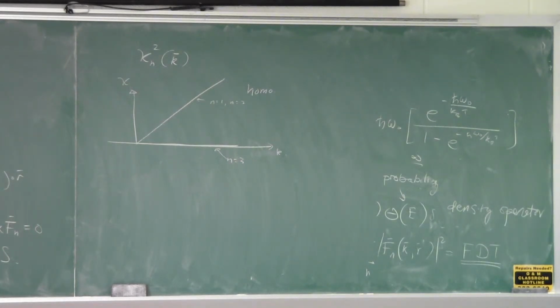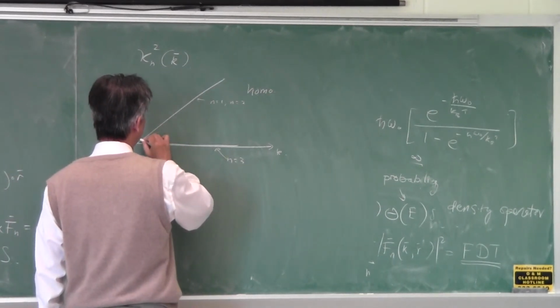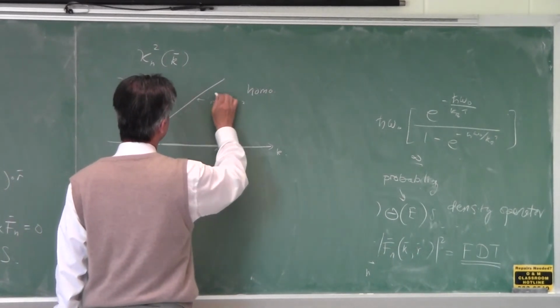Those were the things in the homogeneous medium. But in the inhomogeneous medium, the n is equal to 1 mode and n is equal to 2 mode need not be degenerate anymore. Just think of you introducing these scatterers in a very weak sense, make them small, and then make them bigger and bigger. Then those modes will start to split. The first thing is that they will start to split because they are not degenerate anymore.